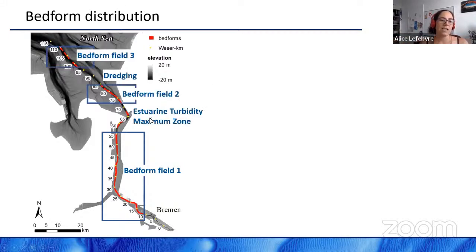Then there is the estuarine turbidity maximum zone, and here sometimes there are a few dunes, but not nearly as many as in the other bedform fields, and that is because it is known that when there is too much cohesive sediment, the dunes don't manage to develop. And then there are two more bedform fields here and there, and over there is a lot of dredging.